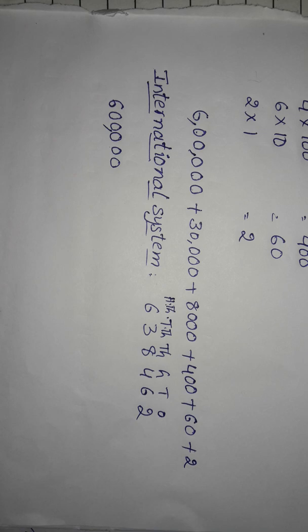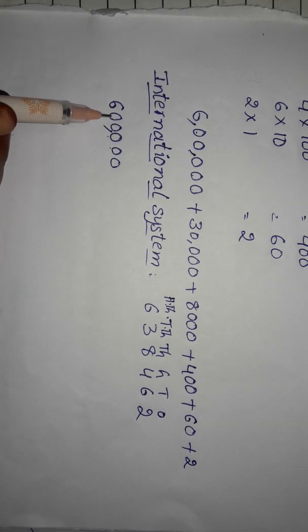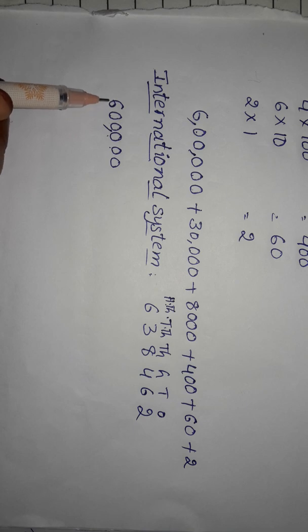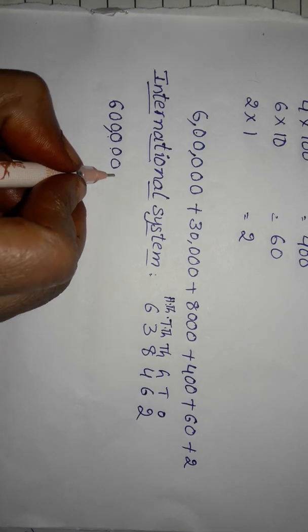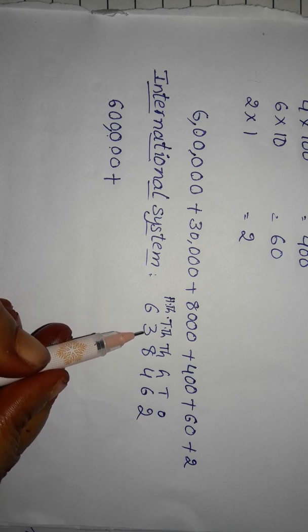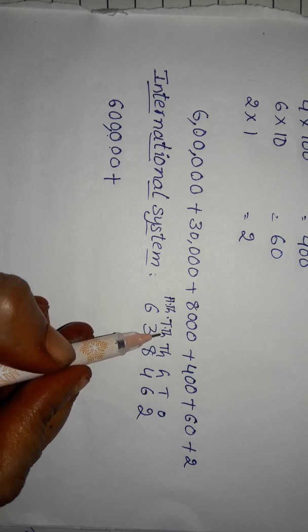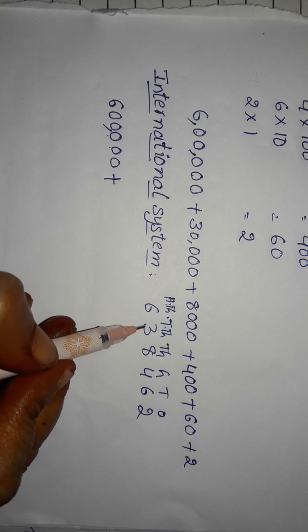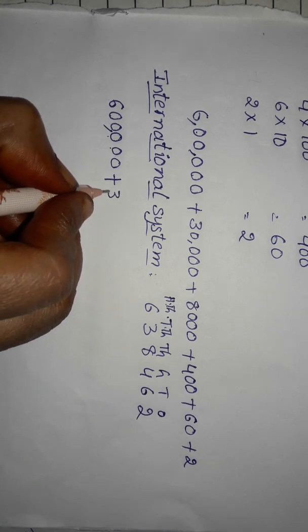Ones, tens, hundreds, thousands, 10,000s, 100,000s. Okay? 600,000. Next, which digit is here? 3. In which place? 10,000s place. So, 3 tens are 30, 30,000.